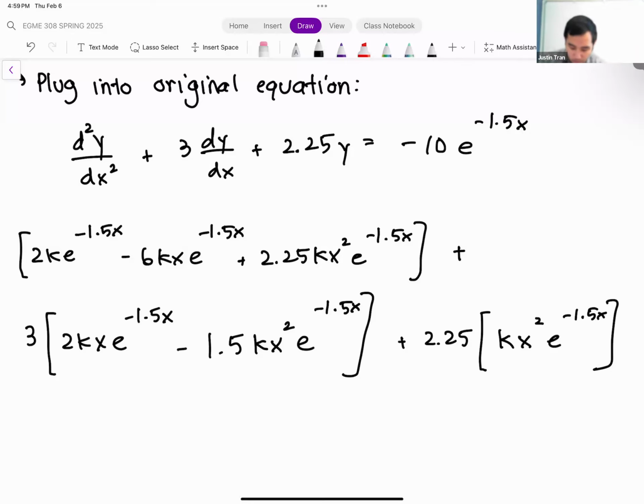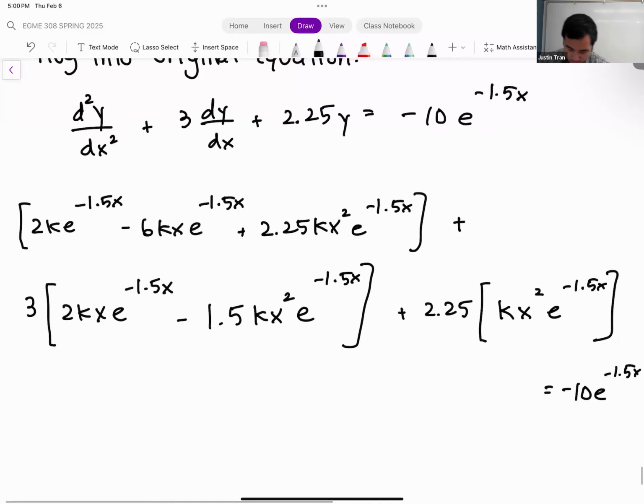And all of this is equal to minus 10 e to the minus 1.5x. We have a lot of algebra to do, but luckily a lot of it is going to cancel out. Just like we did in the first example, let's take the left-hand side and combine the like terms.